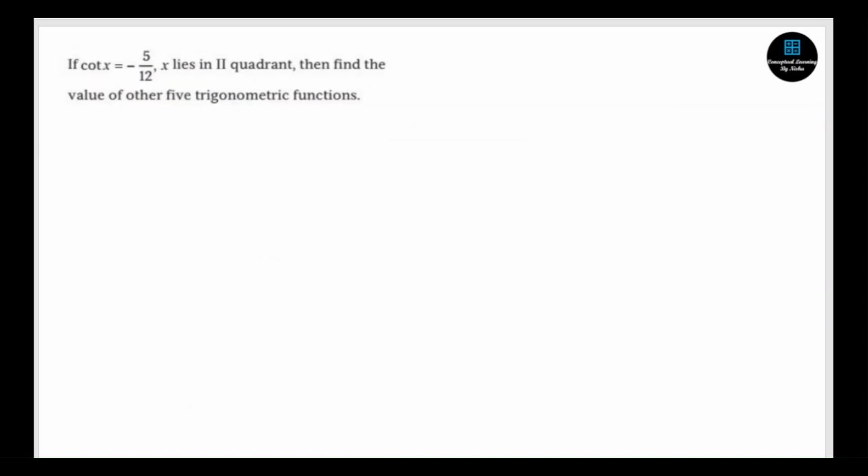Alright. Now here in this question, we are told that x is lying in the second quadrant. So again, ASTC rule, in the second quadrant sine and cosec are positive. So the remaining ratios are negative. Now cot x equals negative 5/12.